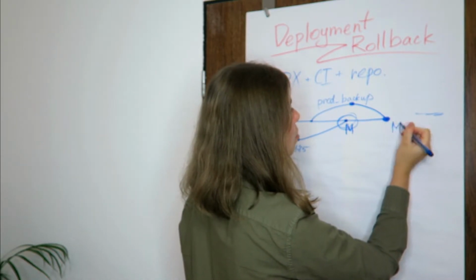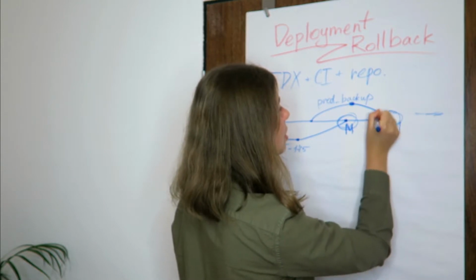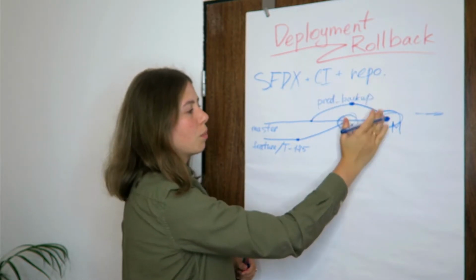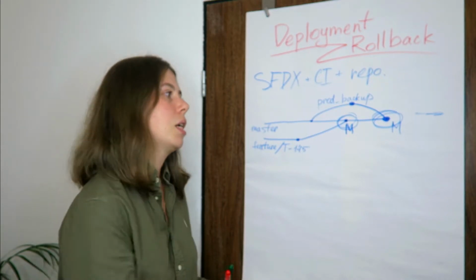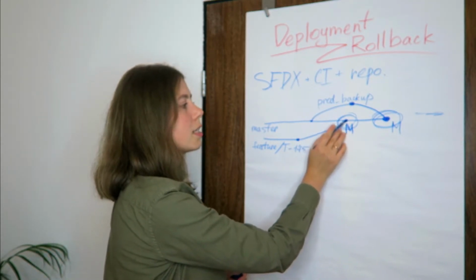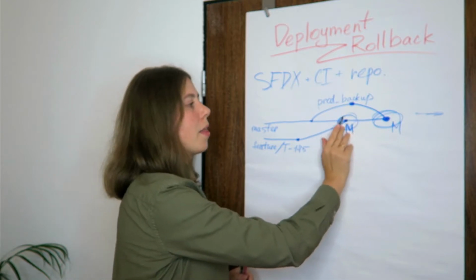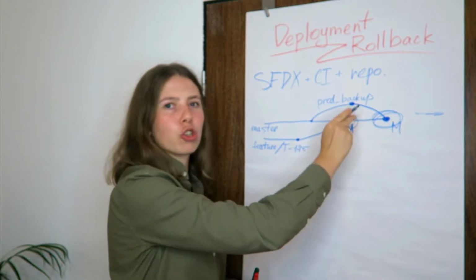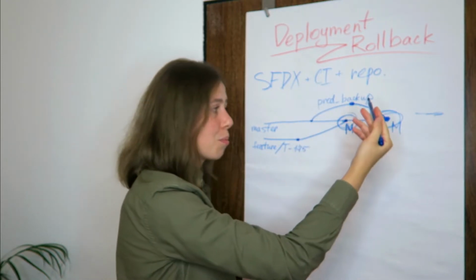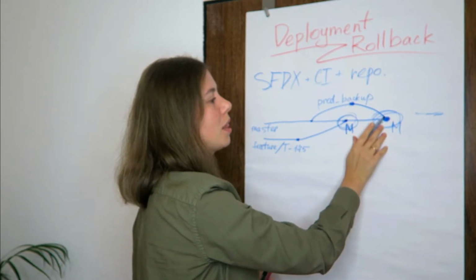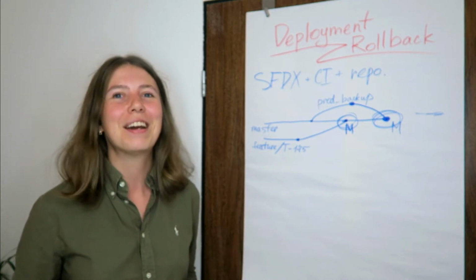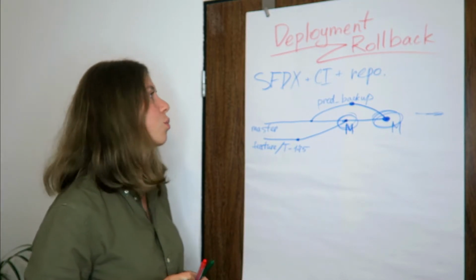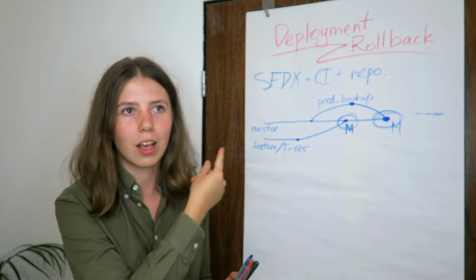So this would be another merge, and this will be another deployment, which would deploy all these differences. Quite easy. In this commit you can see what was changed, and in the next commit, everything should be changed back, these components that were touched here. This will be your rollback, which is always deployment of an old version.